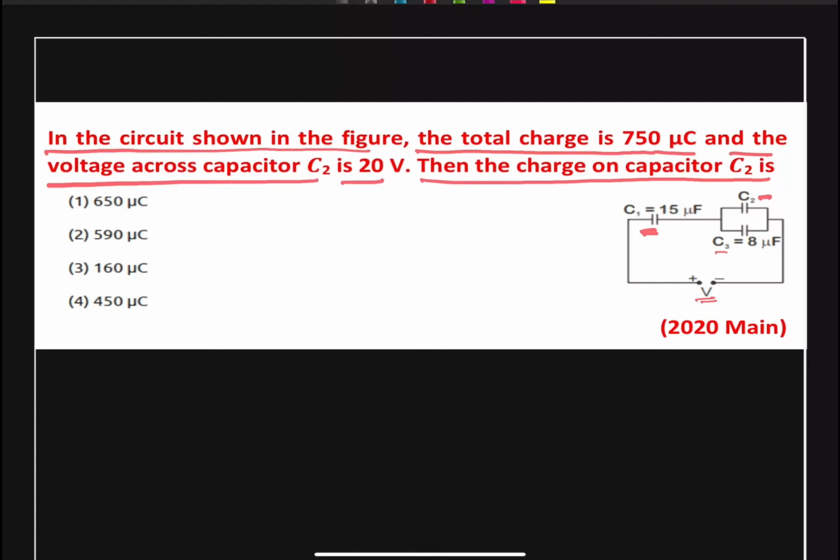And we are given that the voltage across C2 is 20 volt, and we have to find out the charge across this capacitor. Okay, so let me redraw this figure.